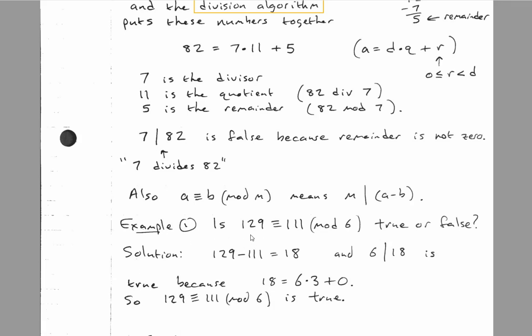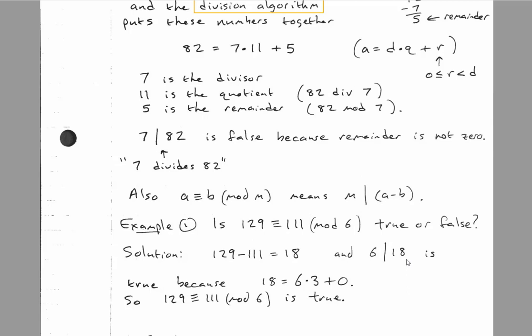So an example here is 129 congruent to 111 mod 6. Okay, so these congruences, like equalities, they're either true or false. Well, the difference here is 18, and 6 does divide 18.